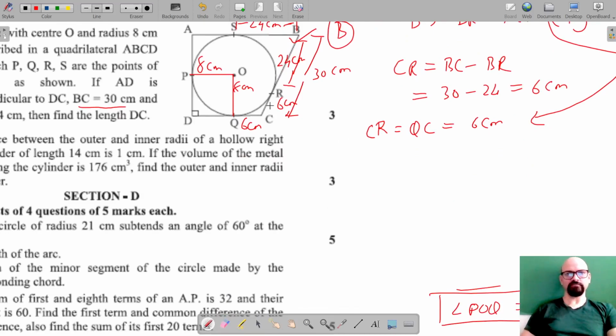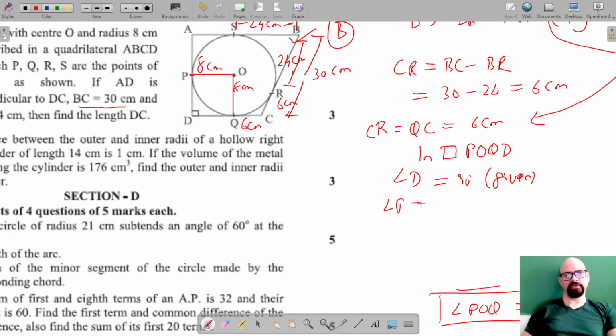Now, angle P is equal to angle D is given. Angle D is 90 degrees. I'm talking about quadrilateral POQD. Angle D is equal to 90 degrees. This is given.